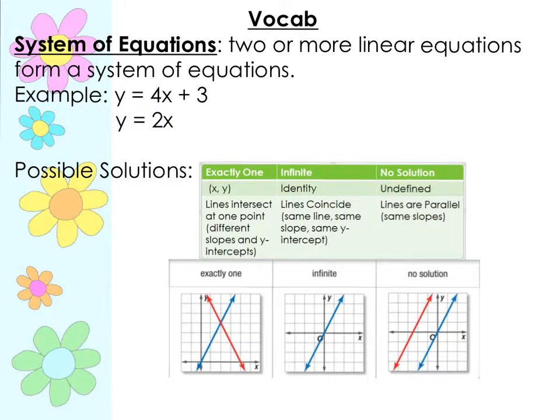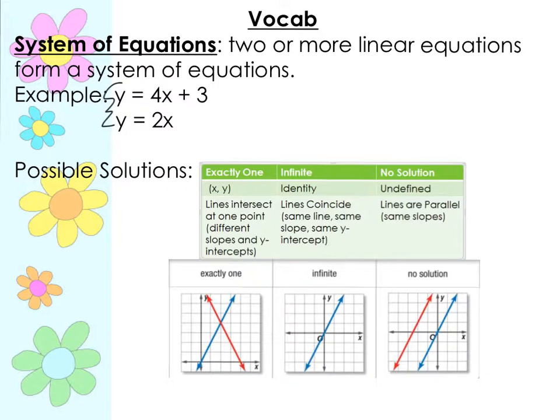Our systems usually are shown with these brackets to show that they're together. Sometimes in the lesson, based on where I copied and pasted stuff from, they'll have these, sometimes they won't. But just so you know, if you see two equations together, it's a system. And so we're going to be graphing or solving both of them at the same time.